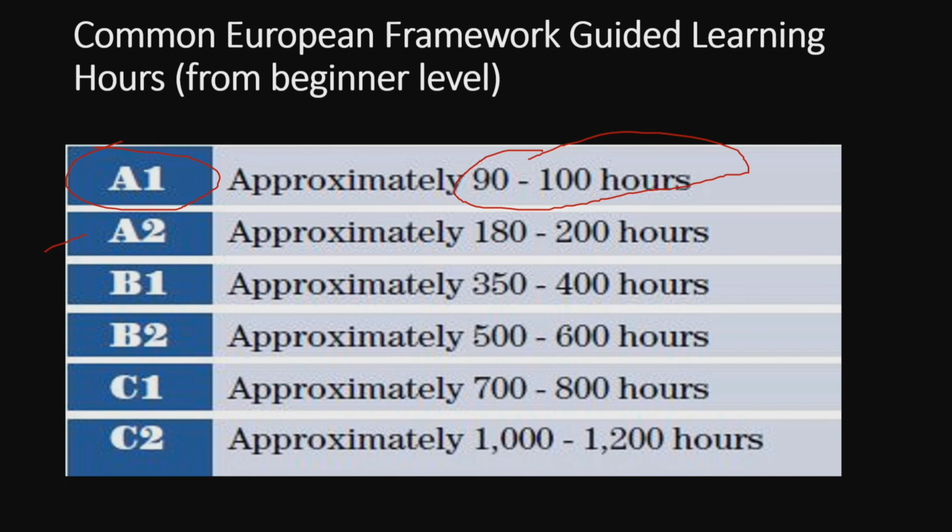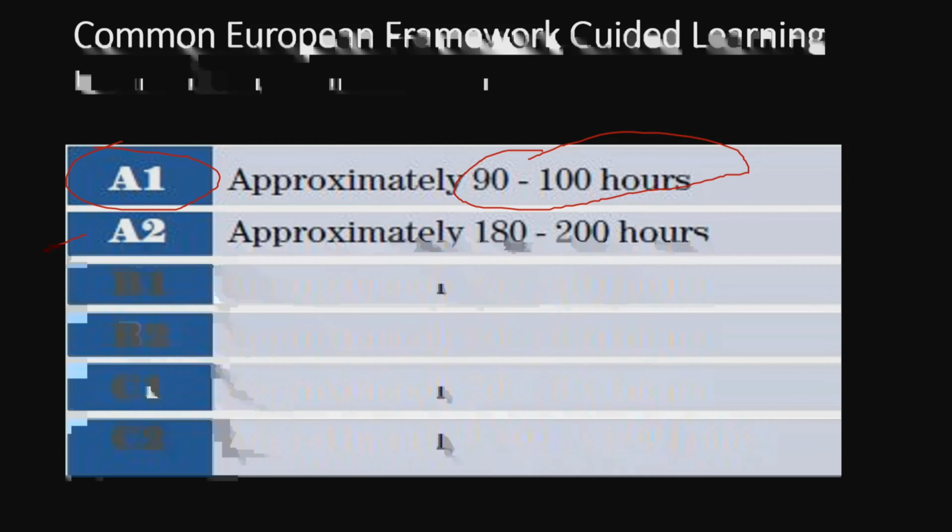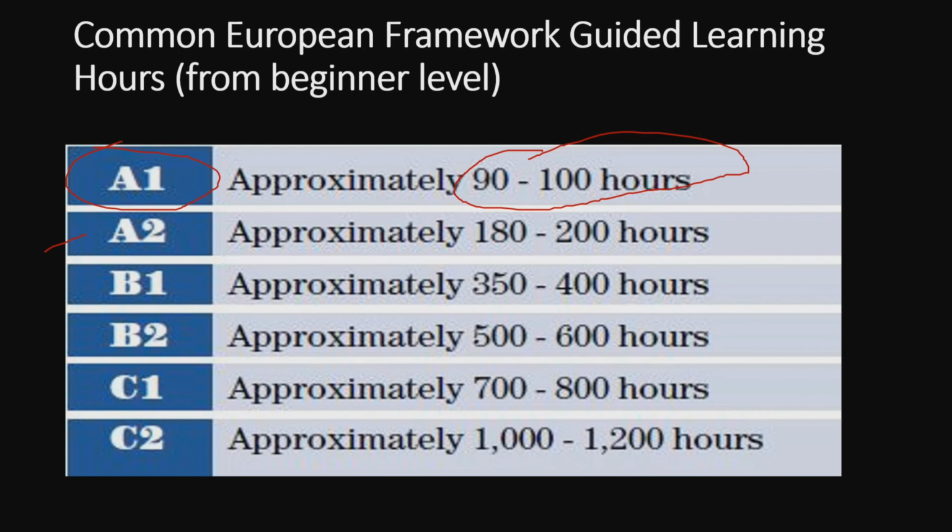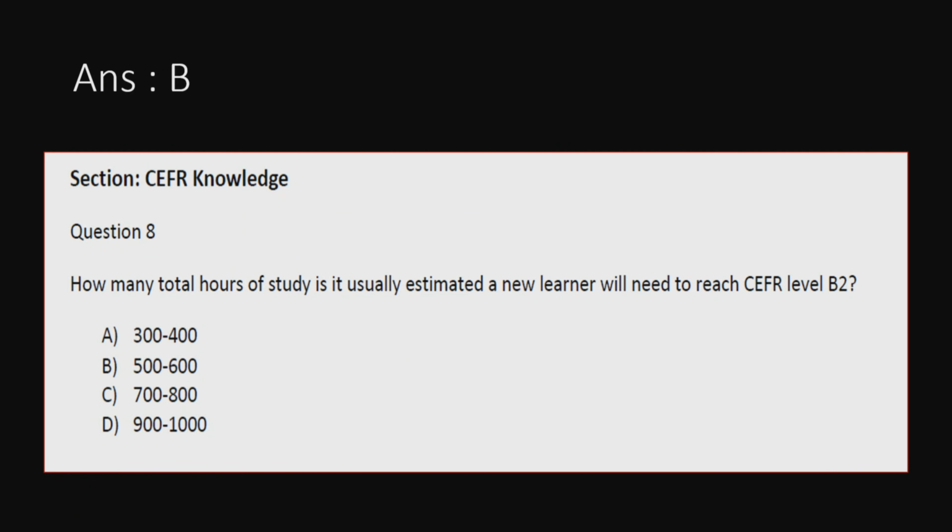You can literally rote learn this slide so that you know for which level what time frame is required. So let's have a look at the question which is also given in the TESOL study guide. This is question number 8. How many total hours of study is it usually estimated a new learner will need to reach CEFR level B2?